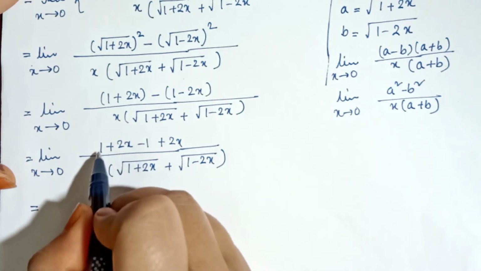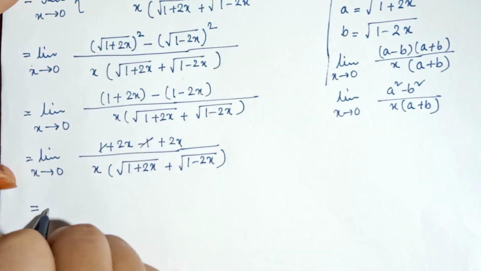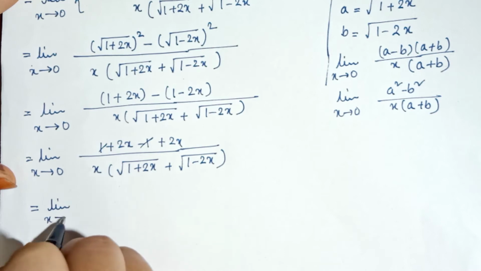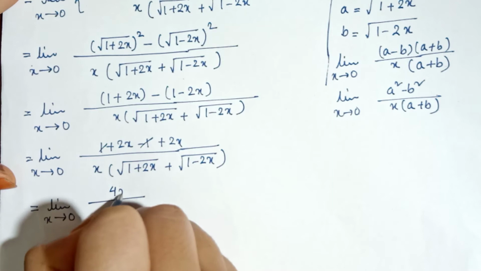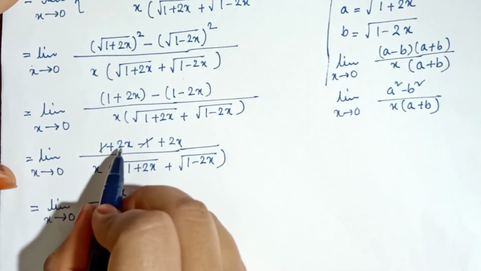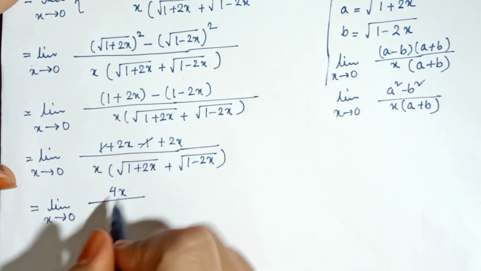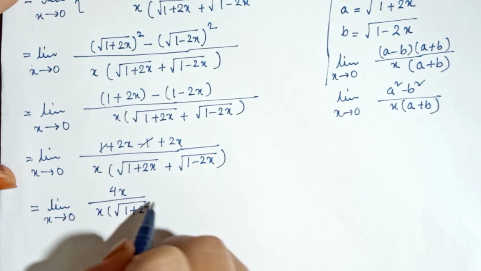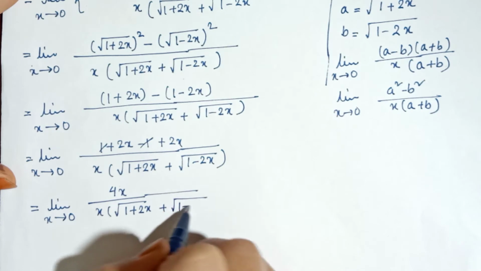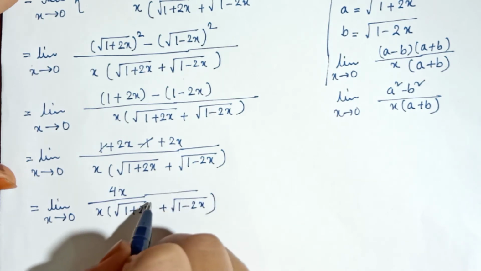Now 1 minus 1 will be cancelled out, so limit x tends to 0, 2x plus 2x equal to 4x, divided by x into root over 1 plus 2x plus root over 1 minus 2x.